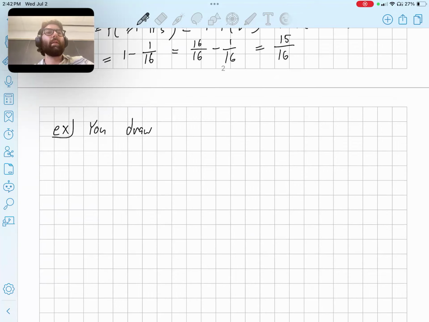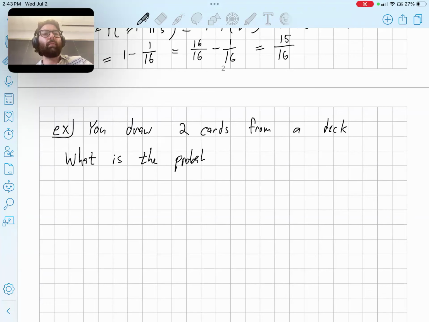You draw 2 cards from a deck. And then the question is, what is the probability they are not the same value?